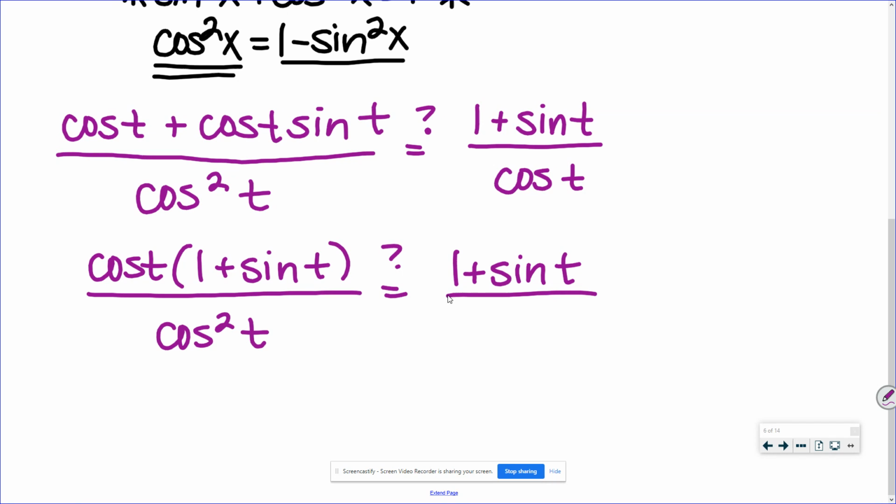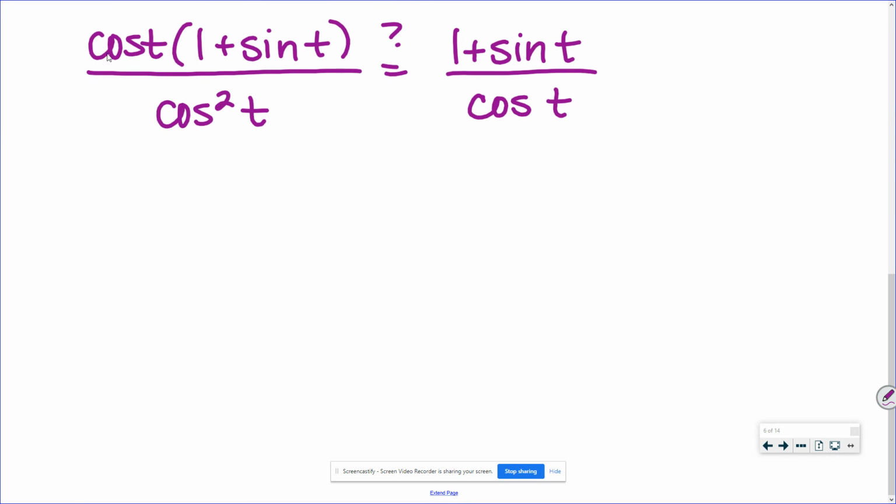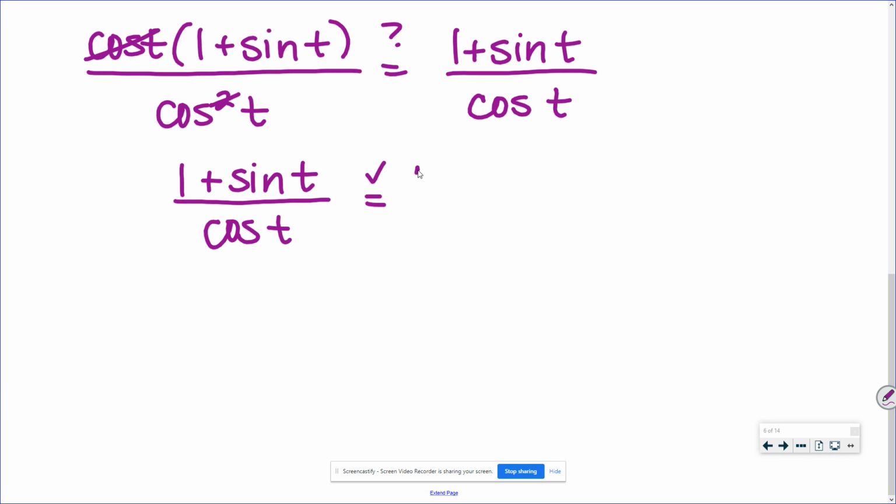And then what I should be able to do that will get me to a solution is cancel a single cosine from the top with one cosine from the bottom. And that would leave me with 1 plus sine t over cosine of t. And that is exactly what we were looking for. So we are finished with this problem.